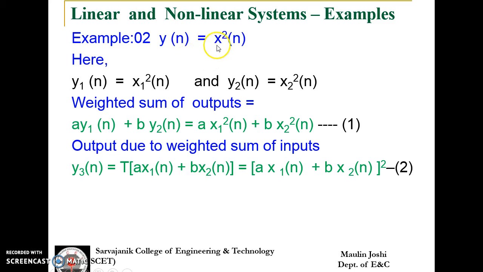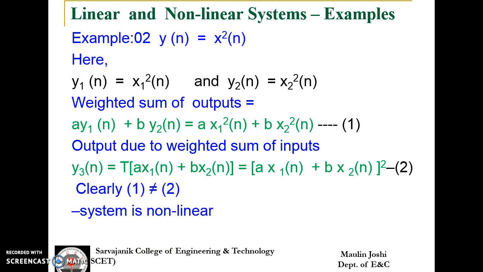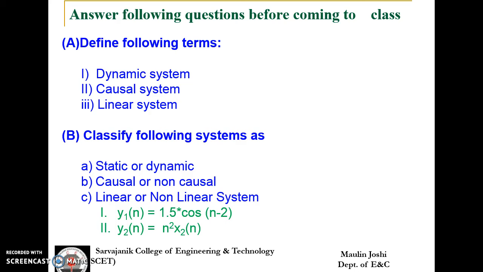So we can easily see that if we replace it here, we will see a x1[n] plus b x2[n], that is, we are replacing x[n] in the square. Clearly we can see that in this case 1 is not equal to 2, and hence we can see that the system is non-linear.